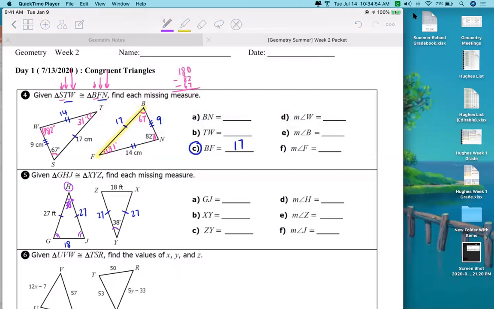You can do that by taking your 180 minus your 38, and then we get 142. That's how much the bottom 2 angles are worth. And if I know they're exactly the same, I can just cut it in half, which is 71. So 71 for both of these. Okay, now that you have all your information, you can go ahead and do A through F on your own later, not right now.